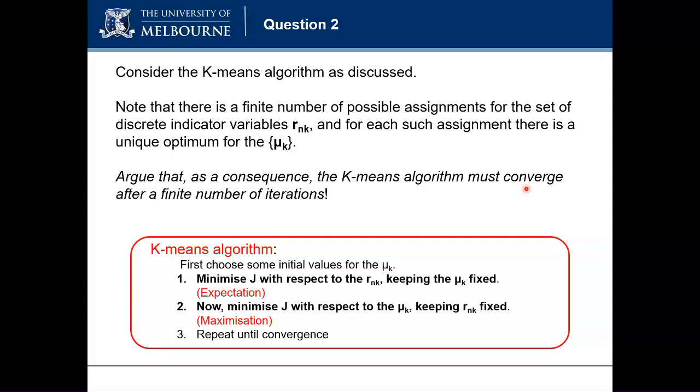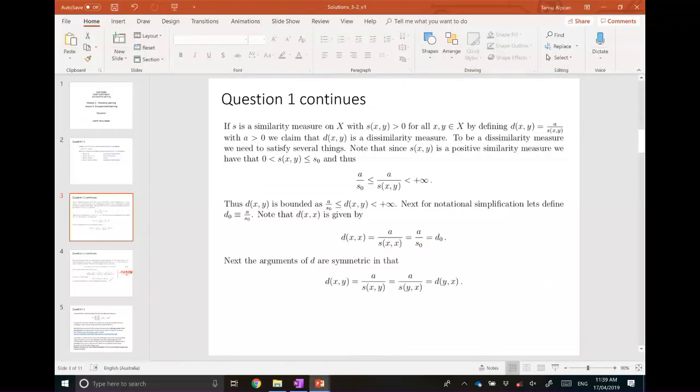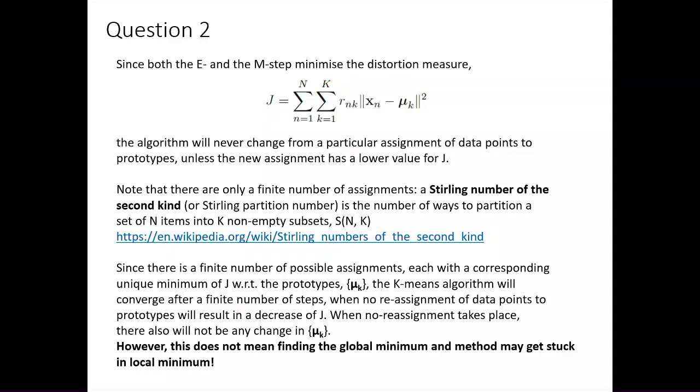That's interesting, right? As I said, it must converge. The catch is it doesn't have to converge to the global minimum, it converges to a local one. Why is that? I will just put an argument. It's not a full mathematical or logical deep solution, but it's just a one-slide argument here.